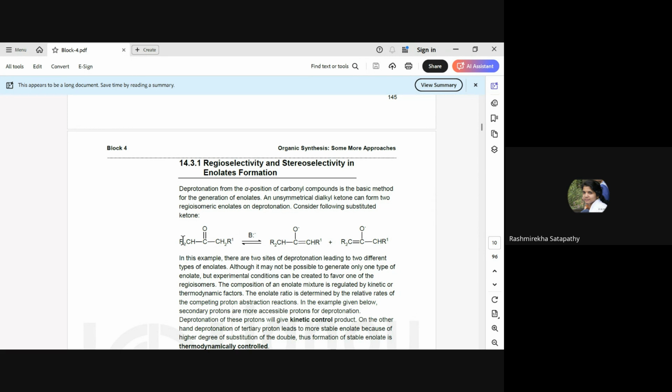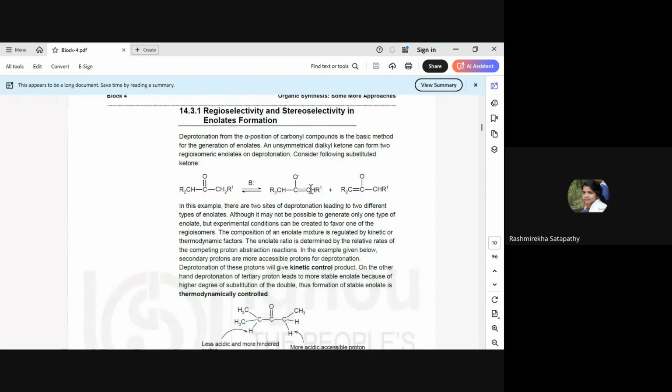If the base takes the proton from the left side, it gives R2C double bond C-O minus CHR1. So two isomers are formed. If there is an unsymmetrical ketone, two regioisomeric enolates are formed on deprotonation. In this example, there are two sites of deprotonation leading to two different types of enolate.